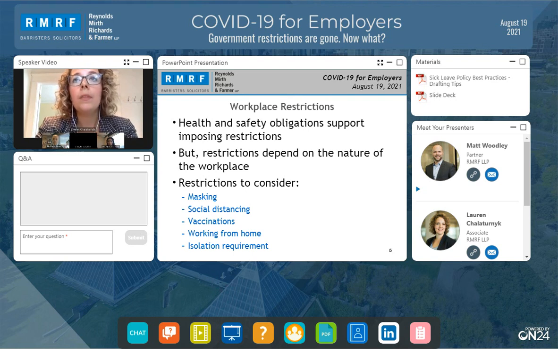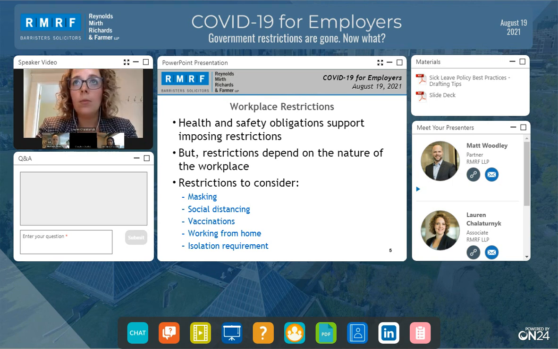So again, before we go into the specifics of the restrictions, it is important that when restrictions are being put in place, they are in a policy, and that that policy does include some type of purpose statement or justification for why those restrictions exist.